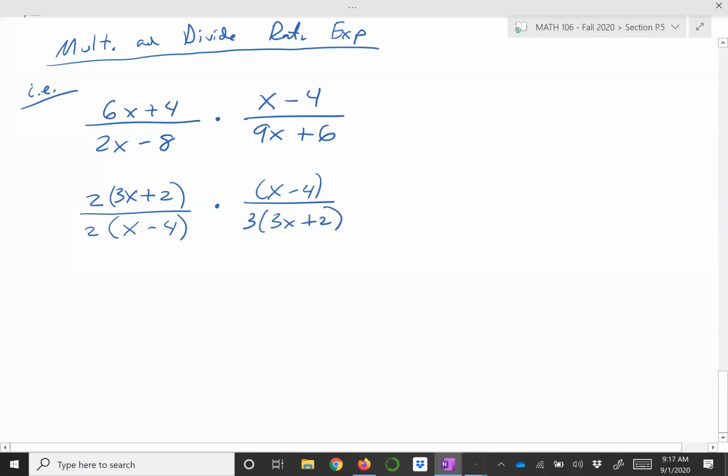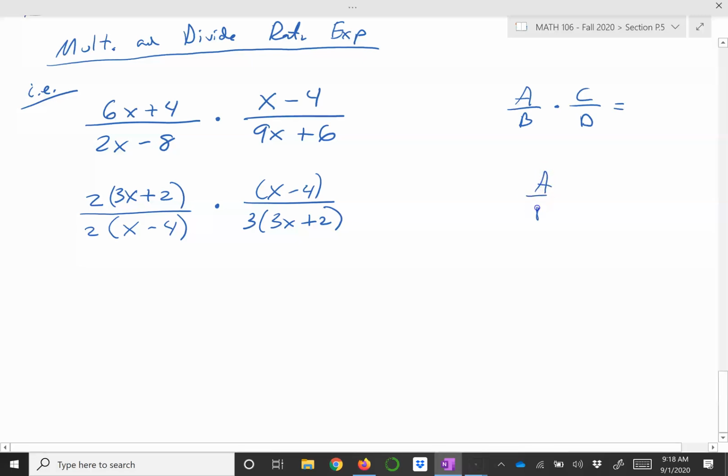Now, at this point, let's multiply these fractions. So what's the rule for multiplying fractions? Like if I had a over b times c over d, what would that result in? Anyone? Yes, sir. So for this one, you would cross multiply if you had this.